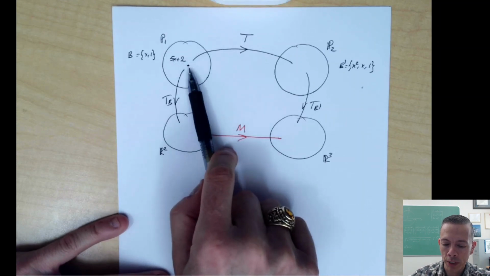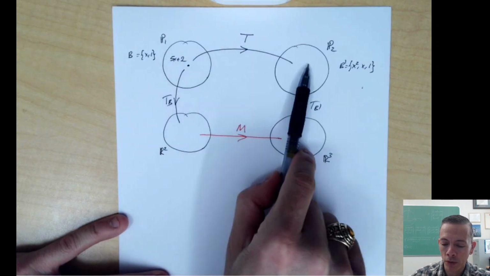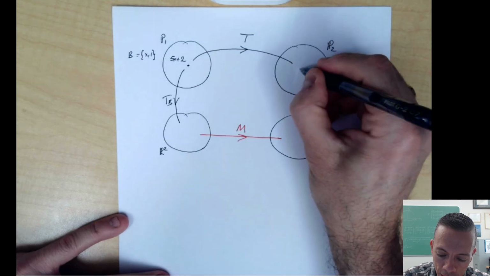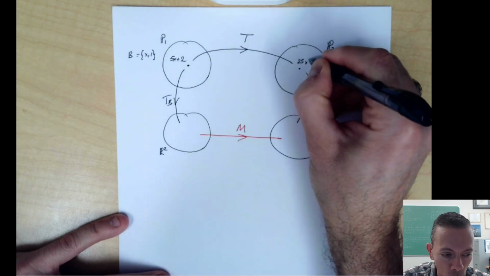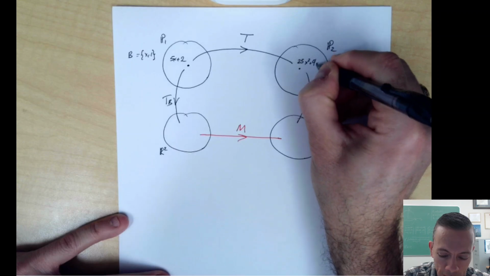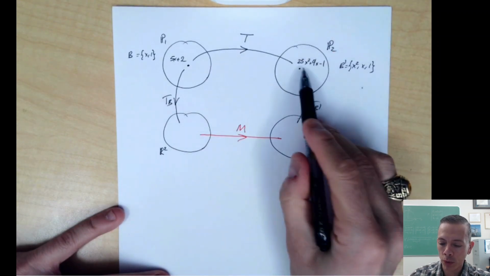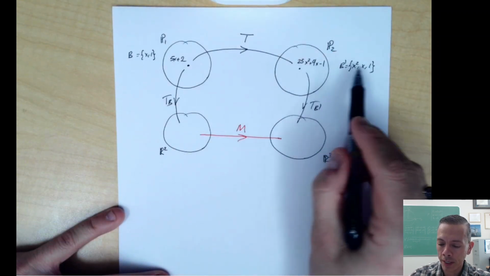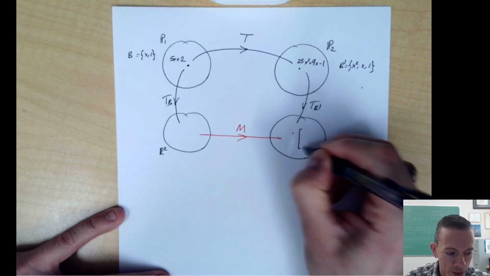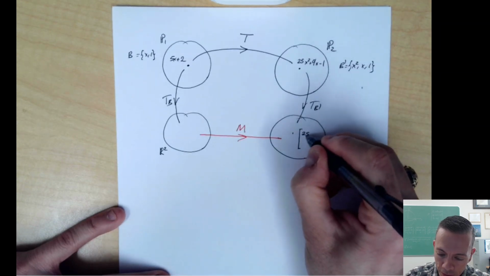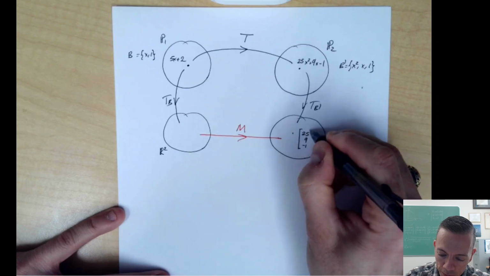So first what we did is we plugged 5x plus 2 into the function T, which gave us 25x squared plus 9x minus 1. And then we wrote this polynomial as a vector in R3 using this basis, which gave us the coordinate vector 25, 9, minus 1.